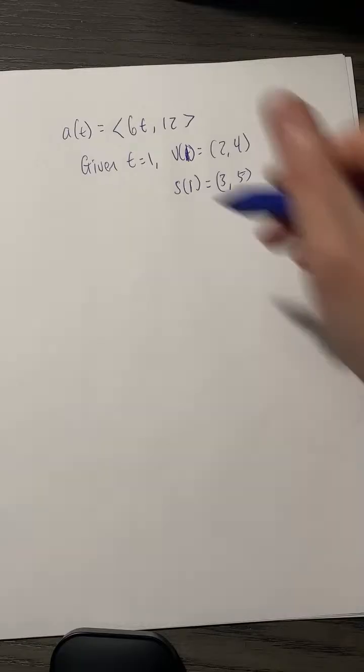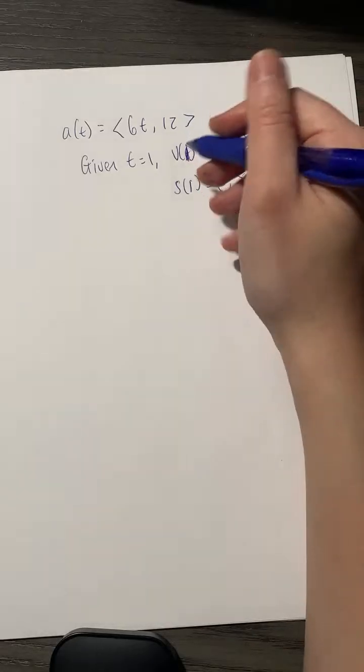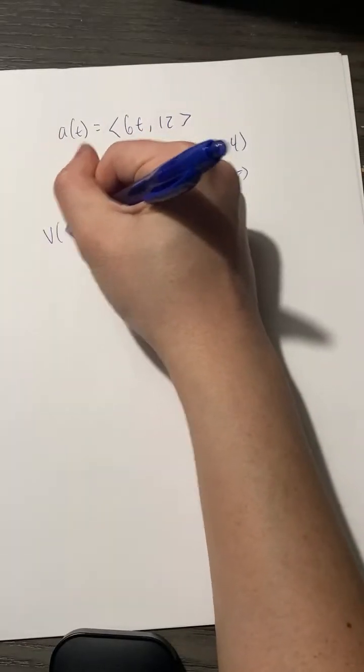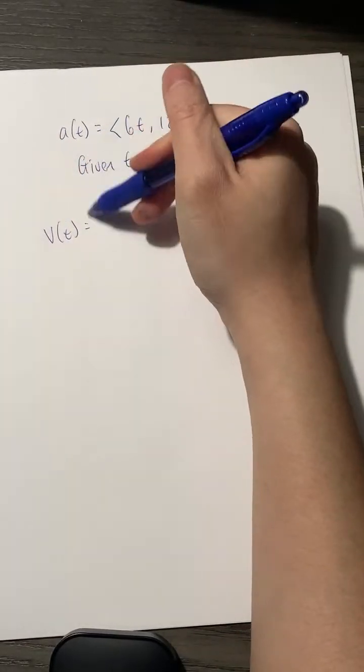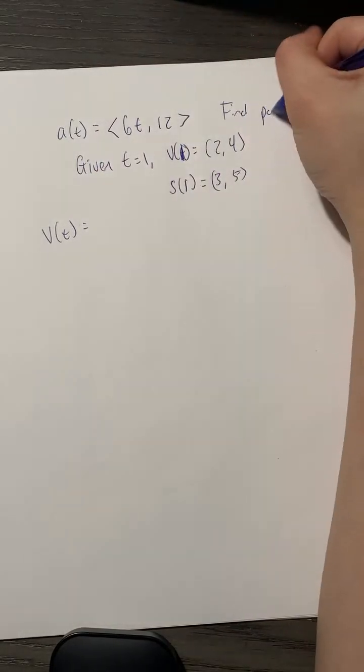We're going to do this one last question. This is the most annoying question by far. Because we're given acceleration, we have to take the integral. The question is to find position, by the way, at any time.